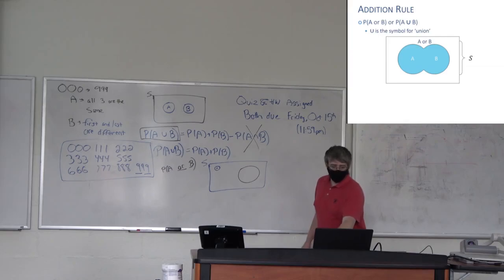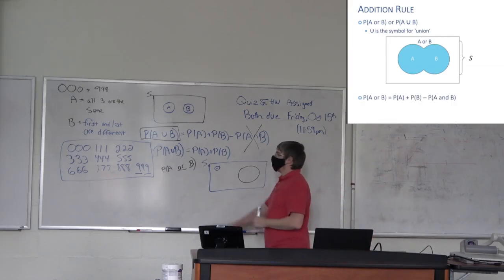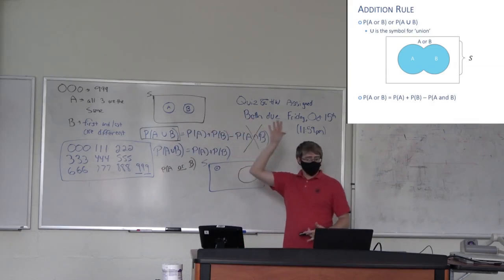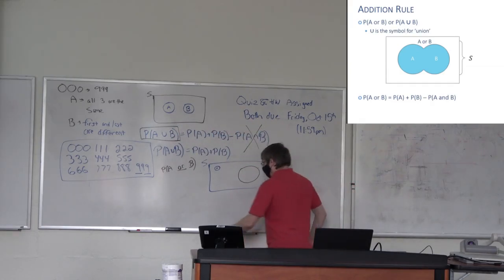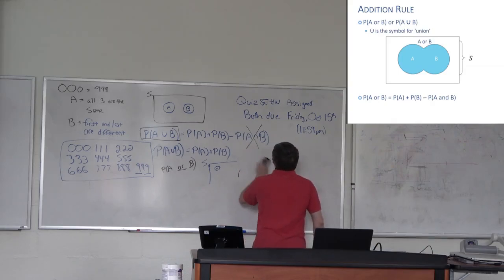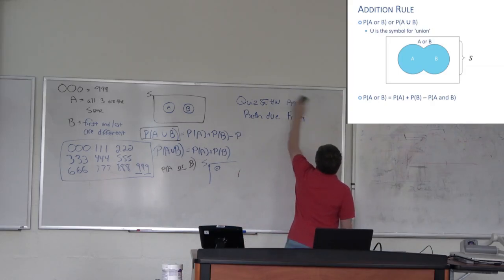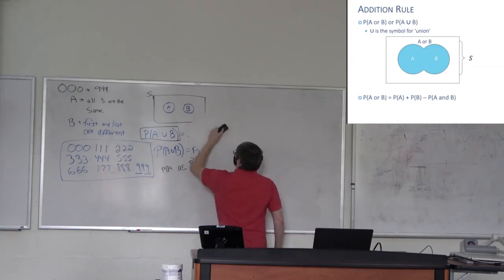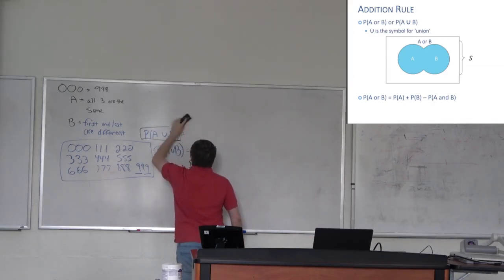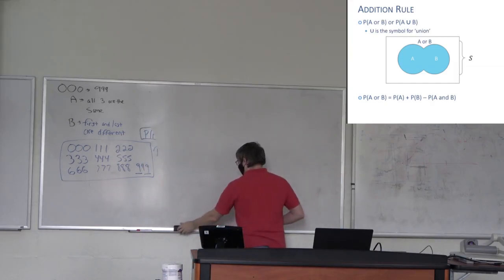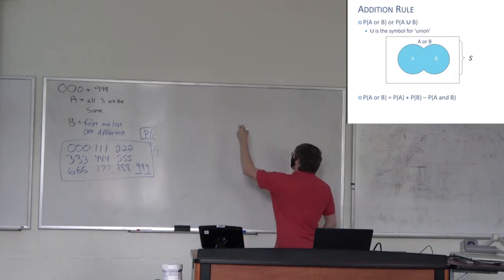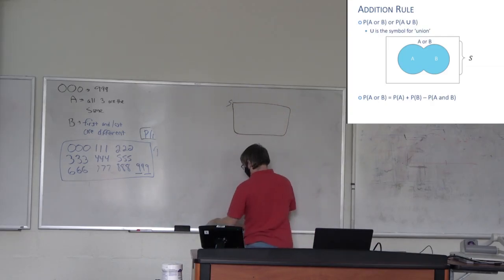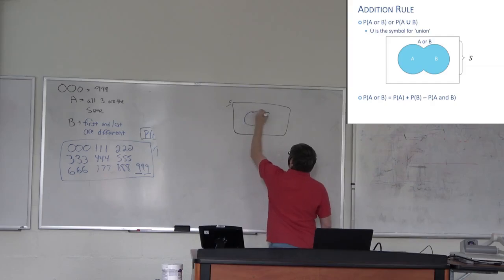The mathematics behind it is that you add the first circle plus the second one and minus the in-between, because if you think about it, what we have is this Venn diagram S, and then A, B.